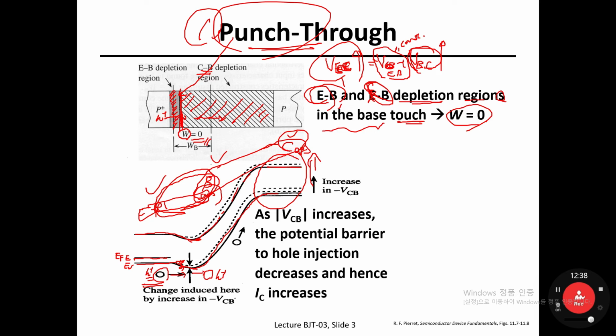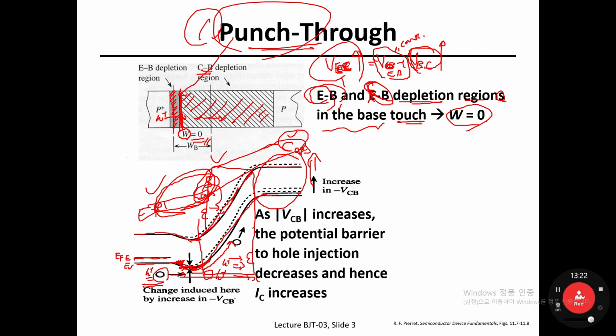So once a hole has jumped onto this kind of energy potential hill, the hole can slide down. This part comes from the very high reverse-biased PN diode. Previously we talked about that once you find banding in your band diagram, there should be a built-in electric field. So the electric field is now applied along the x direction, so the hole would be drifted toward the collector side because of the electrostatic, Coulombic force.